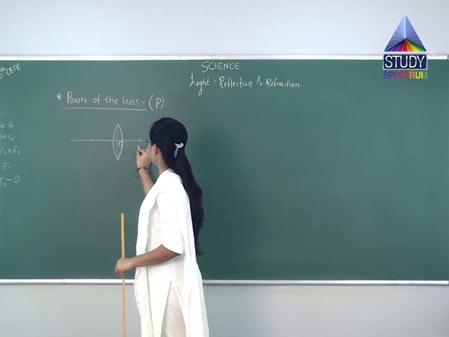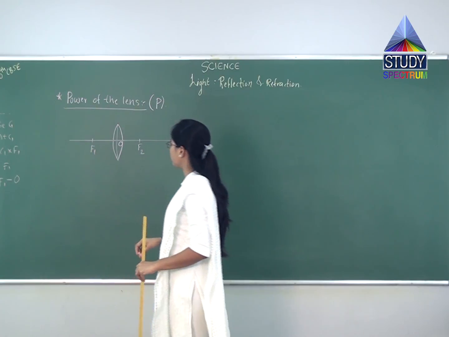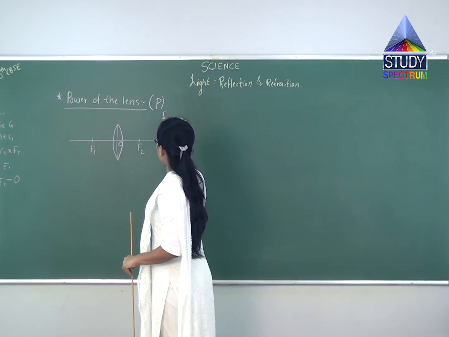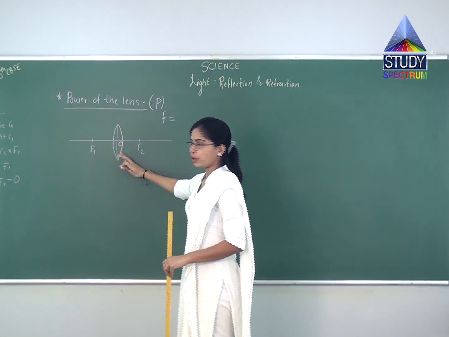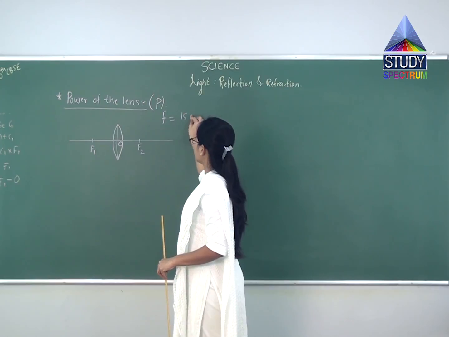This will be the principal focus. Suppose in this case my focal length, the distance between origin and focus, is 15 centimeter.